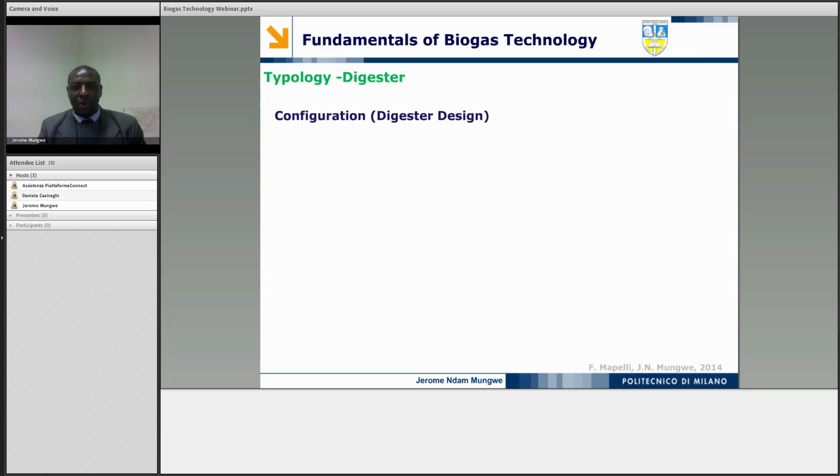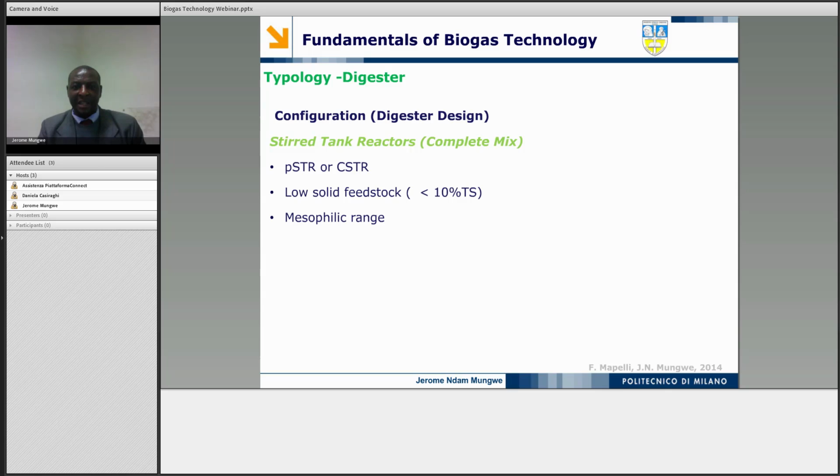We can now look at the classification of digesters. We've just looked at classification of the process. We can classify digesters in terms of the configuration of the digester. By configuration, we can have either the digester is a stirred tank digester or completely mixed, which means the fresh feedstock mixes with what was already in the digester content.